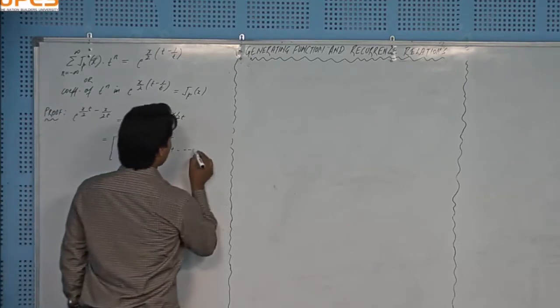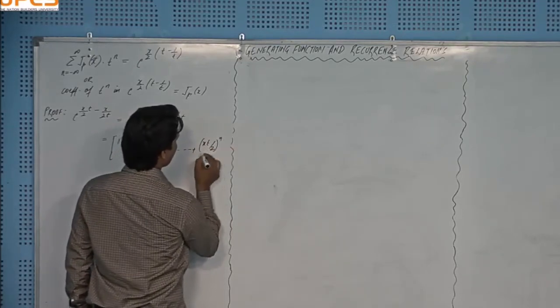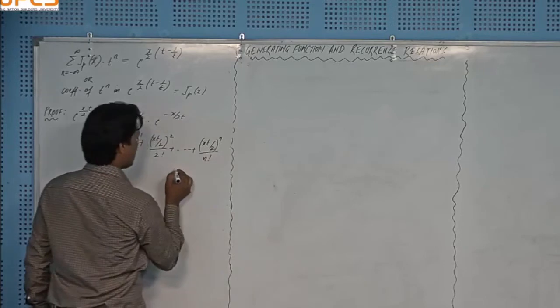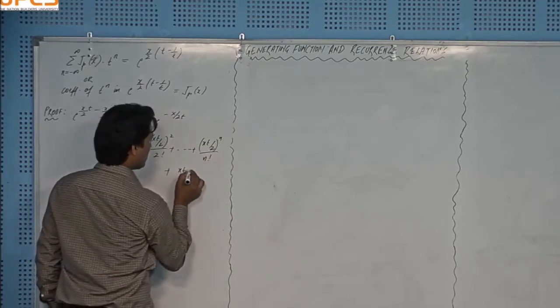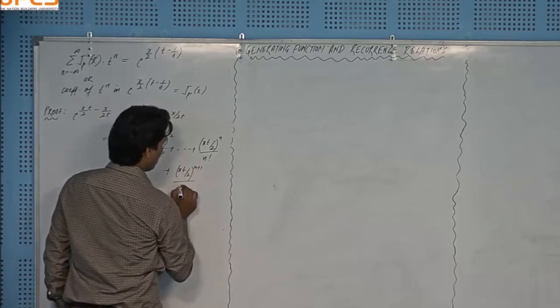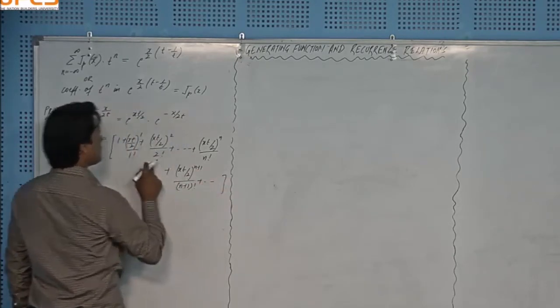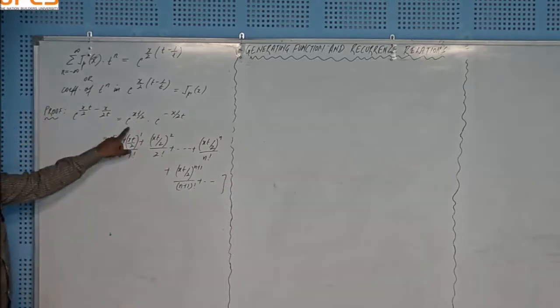Nth term will be (xt/2) to the power n by n factorial, and the next term will be (xt/2) to the power n plus 1 divided by n plus 1 factorial, and so on. So this is the expansion of this exponential function.